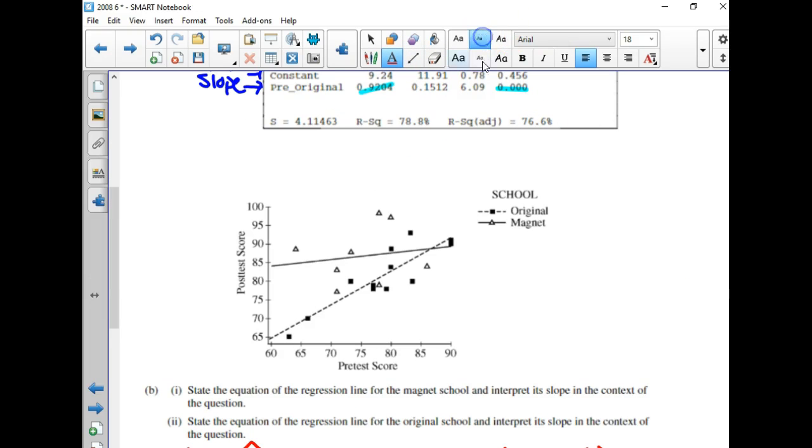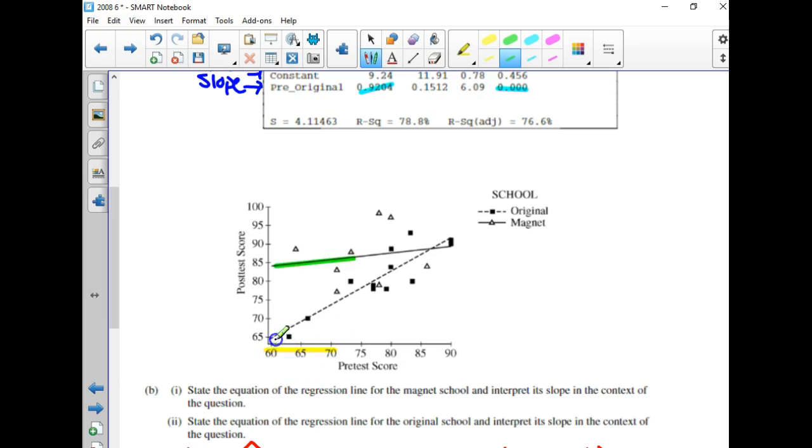We can look at this and we can say, well, look right here. What do you notice about the difference between these low scores? I'm going to deem the low scores between 60 and 70. So between 60 and 70, you can really note that the magnet school, the low scores, they were really a lot higher.